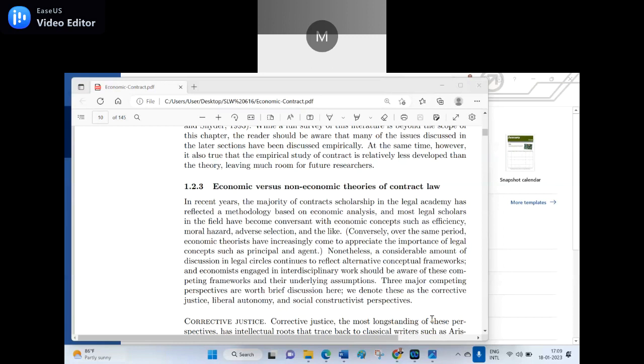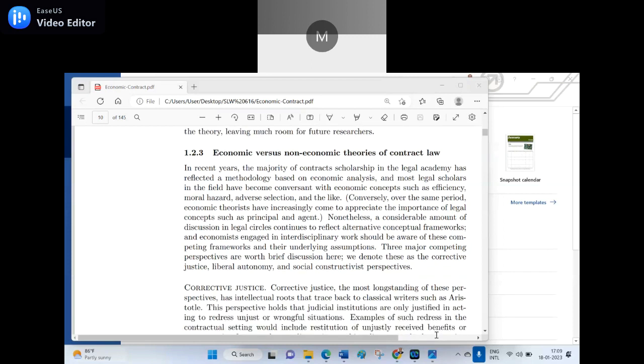Nonetheless, a considerable amount of discussion in legal circles continues to reflect alternative conceptual frameworks. Economists engaged in interdisciplinary work should be aware of these competing frameworks and their underlying assumptions. Three major competing perspectives are worth brief discussion here. These are the corrective justice, liberal autonomy, and social constructive perspectives.